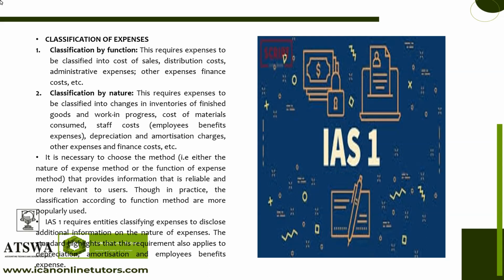Then you talked about tangible and intangible assets, and you also explained the amortization charges, and the classification of expenses under function and nature. Under function, you talked about the cost of sales, distribution costs, and other expenses in finance and the rest. Under nature, you talked about work in progress, cost of materials consumed, staff costs, depreciation, and so on.